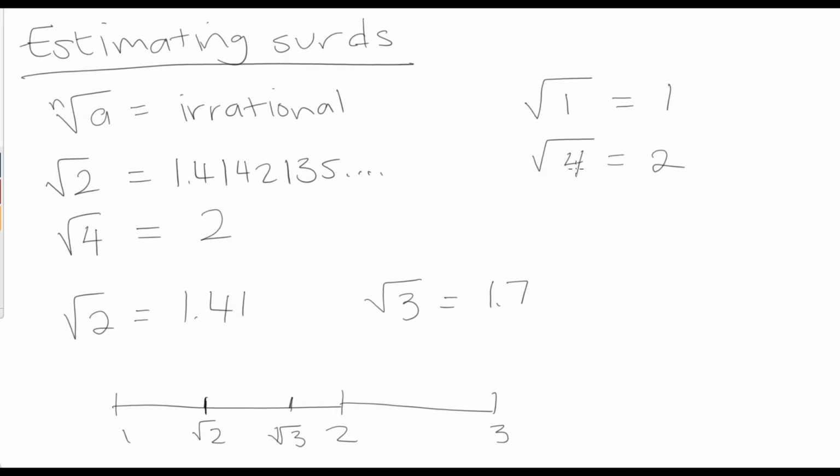So by using this logic, the square root of any number that falls between 1 and 4 is going to result in a number that falls between 1 and 2. That's why the square root of 2 falls between 1 and 2, and the square root of 3 falls between 1 and 2 as well.